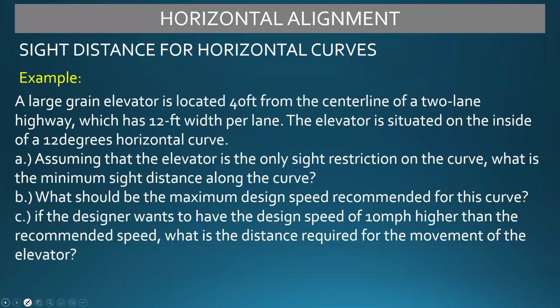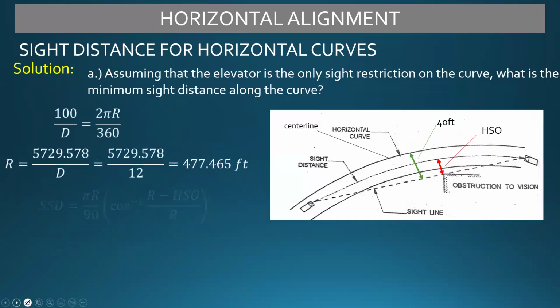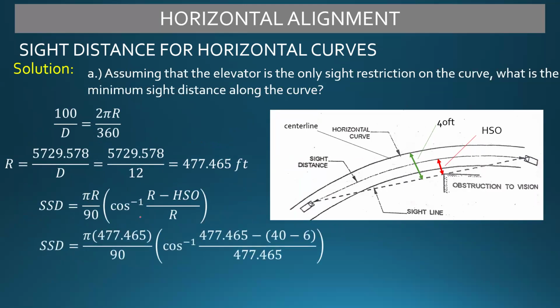The HSO is actually measured from the center, so the total width of our lane is 12 feet. HSO is from here to here.